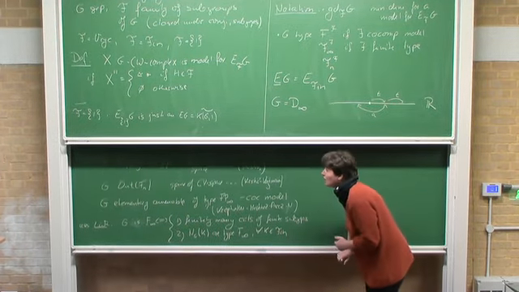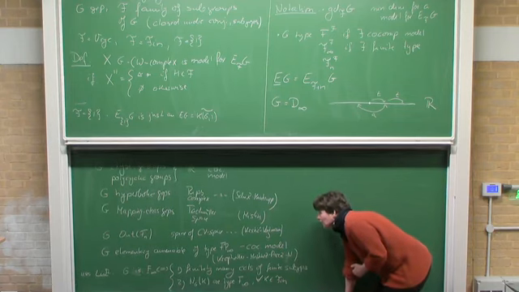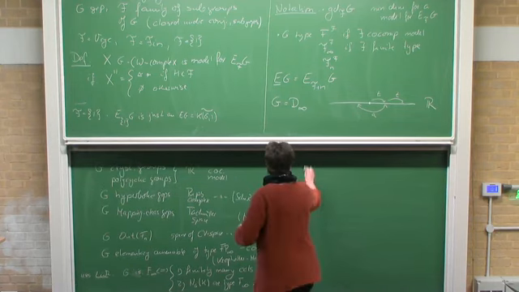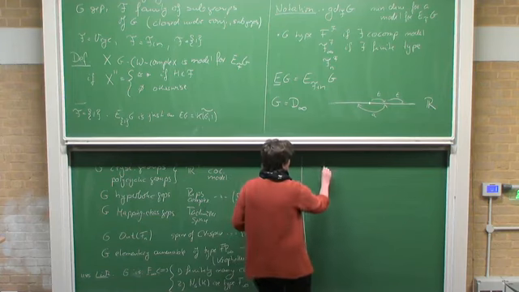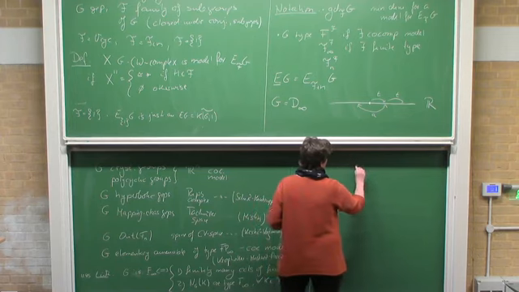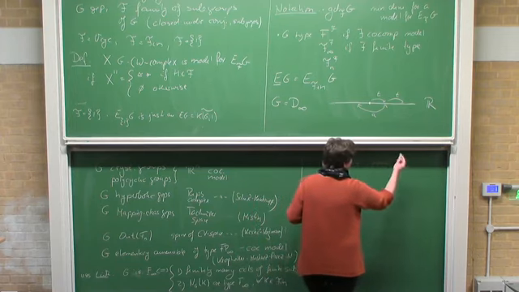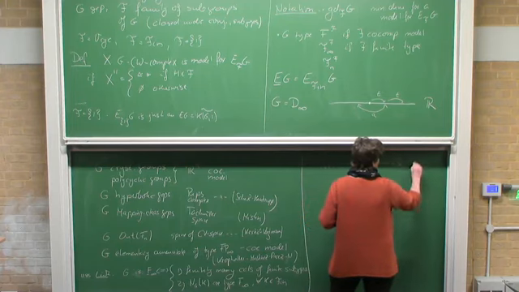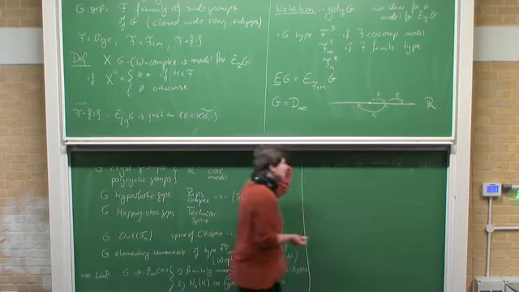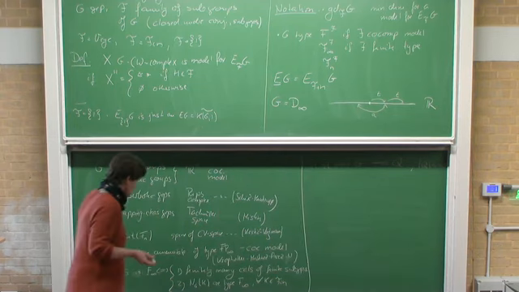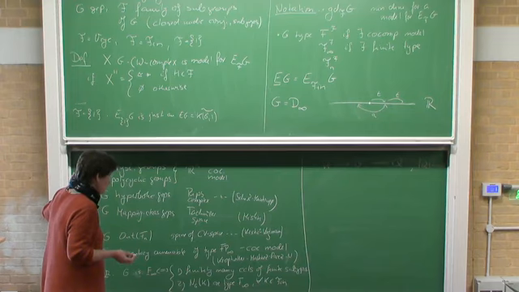So what do we have? Yeah, so if you have an extension, and even if you take a finite group. Do you want to say maximal finite? No, any finite.